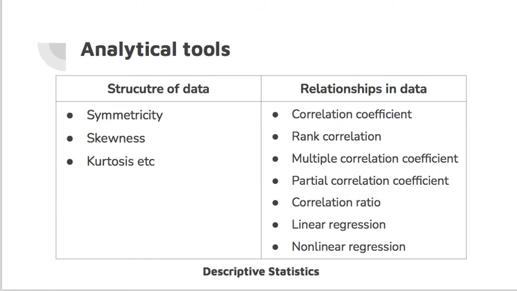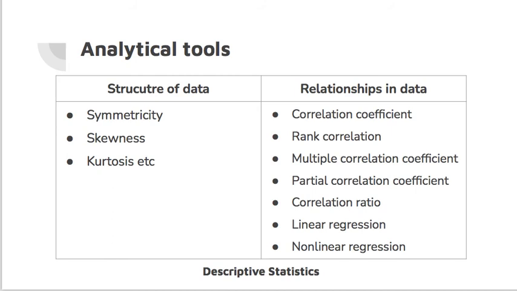I have explained the sampling techniques, that is, how to collect the data. It has to be representative data that will be applicable to the population. So it's very important to select the appropriate tools and the appropriate statistical test to perform.